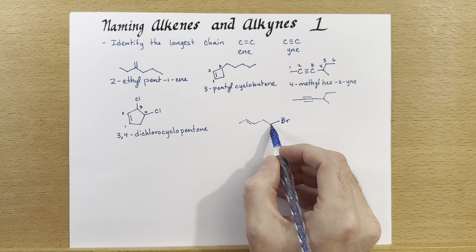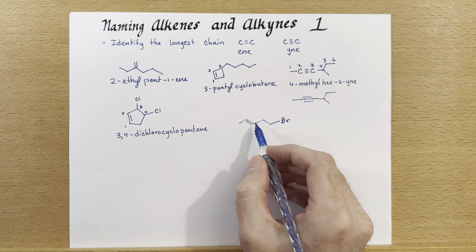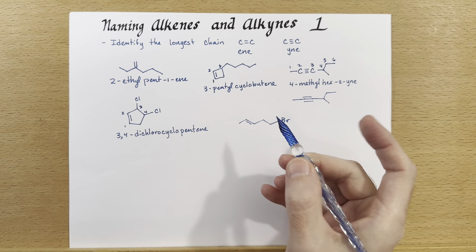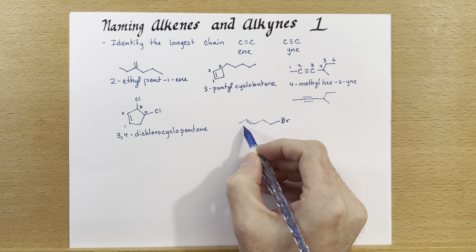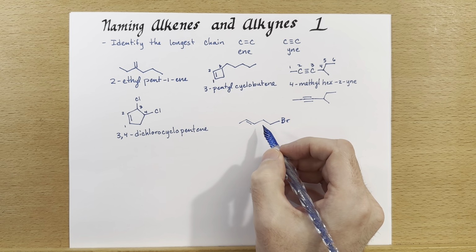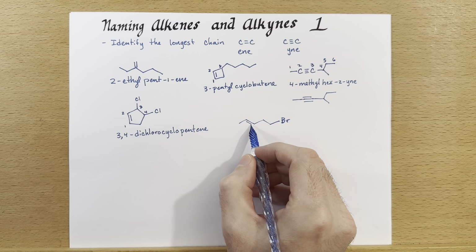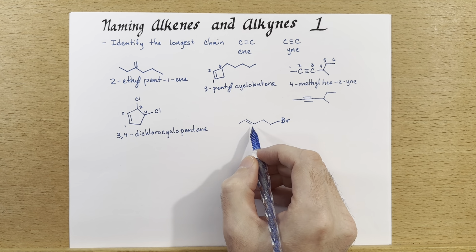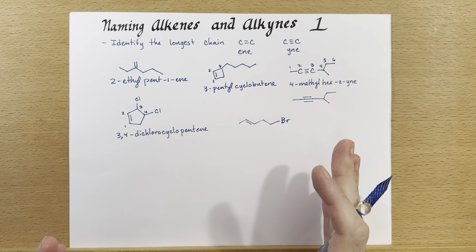And so if I started counting from here, that would put the bromine on carbon number 1. And then I would have this one on a higher number, but overall it would be lower. No, not in this case. We prioritize the double bond. So because of that, we're going to count such that the double bond is at the lowest number. And then whatever else happens, happens.